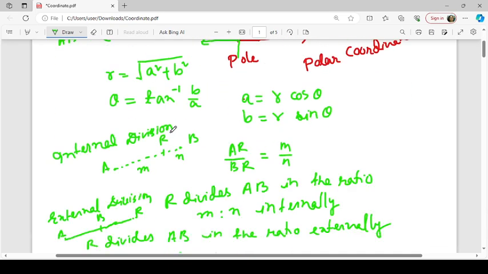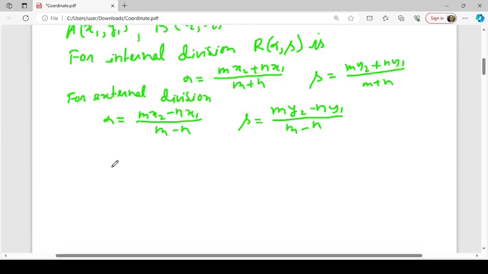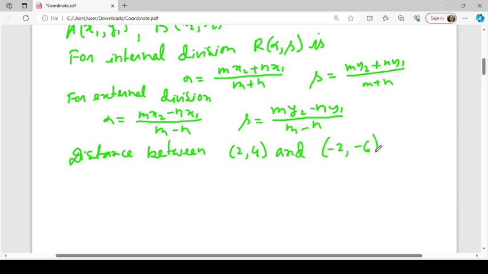Suppose we are to find the distance between (2, 4) and (-2, -6). So x1, y1 is (2, 4), and x2, y2 is (-2, -6).